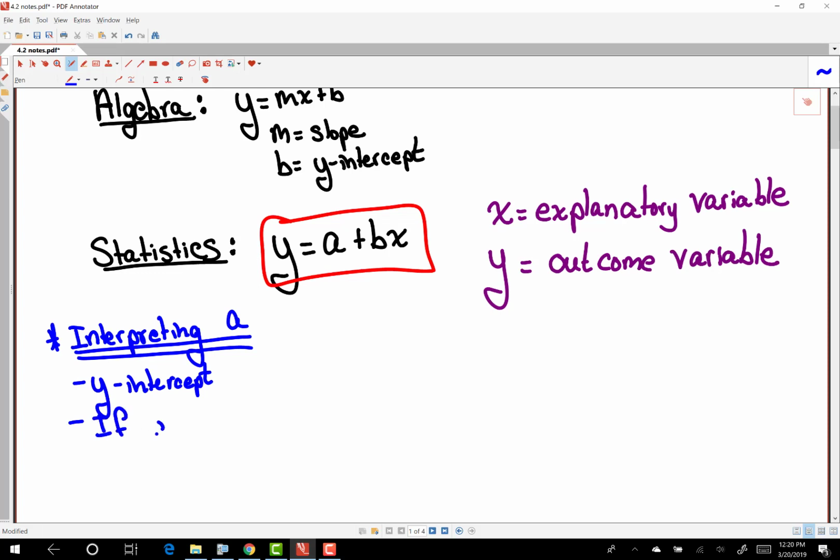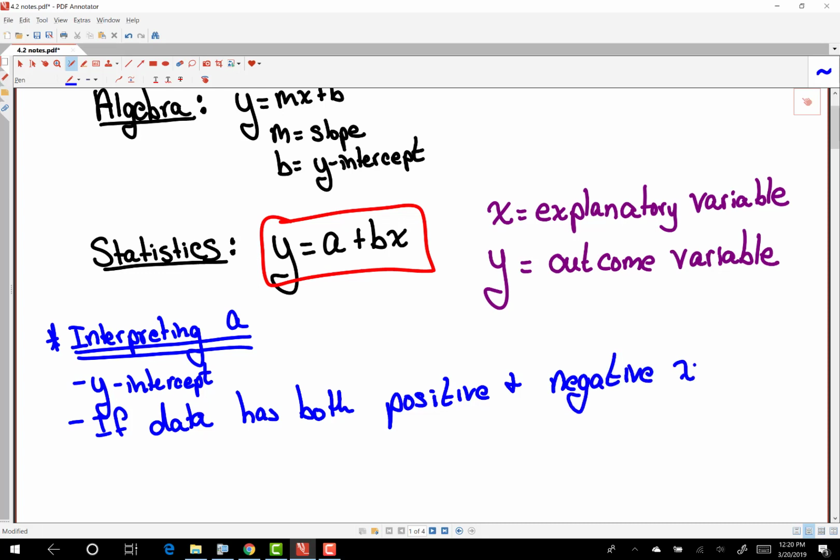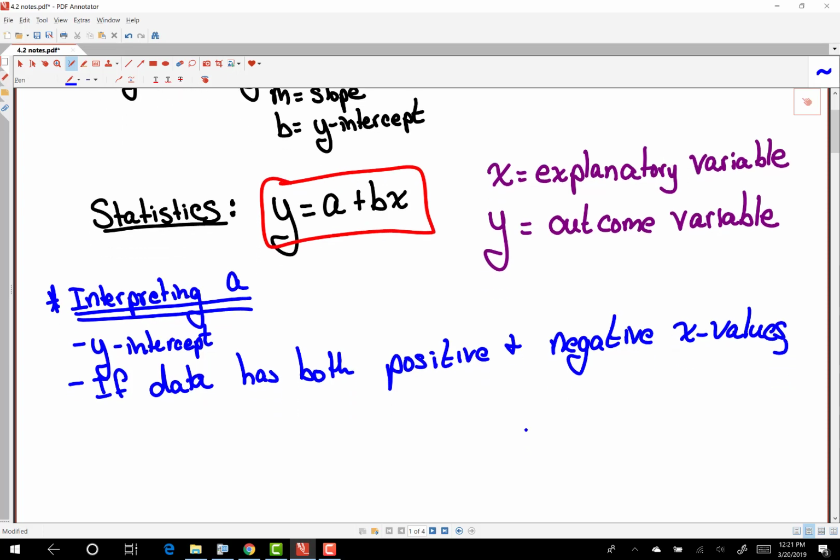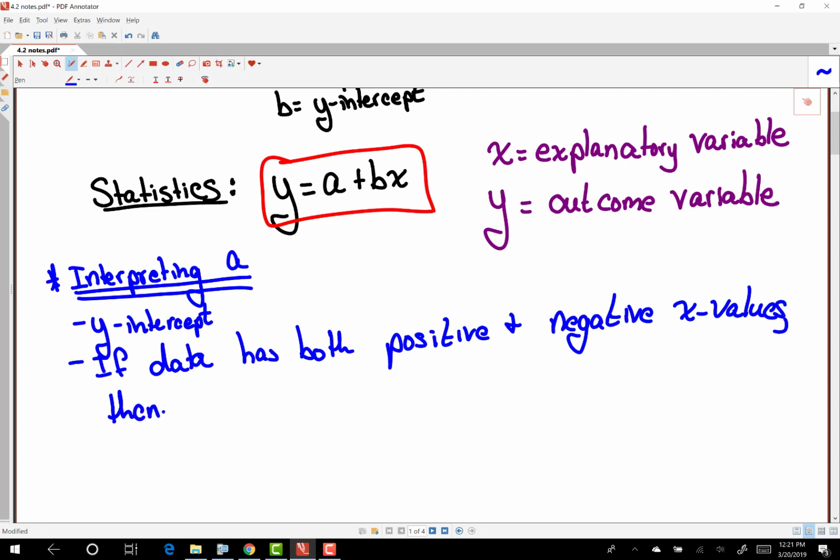If the data has both positive and negative x values, then a is the estimated outcome when the value of x is 0.